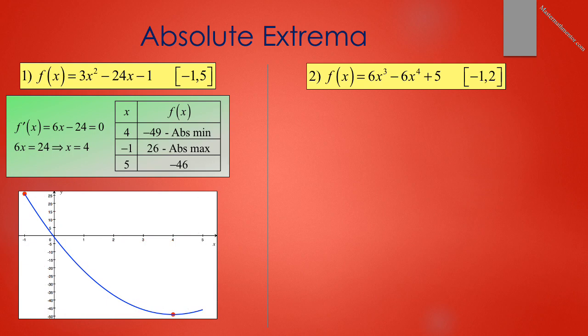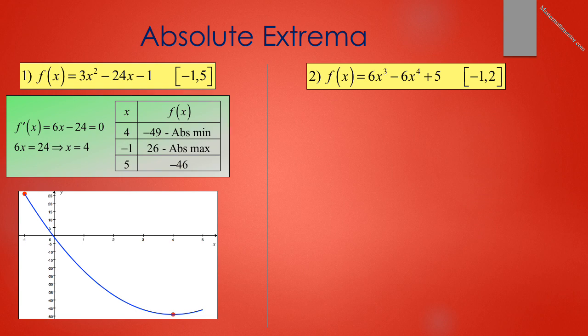The graphic confirmation shows a parabola with the absolute minimum at the vertex and the absolute maximum at an endpoint. For a parabola, the absolute minimum or maximum must occur at the location of the relative min or max, which is the vertex.